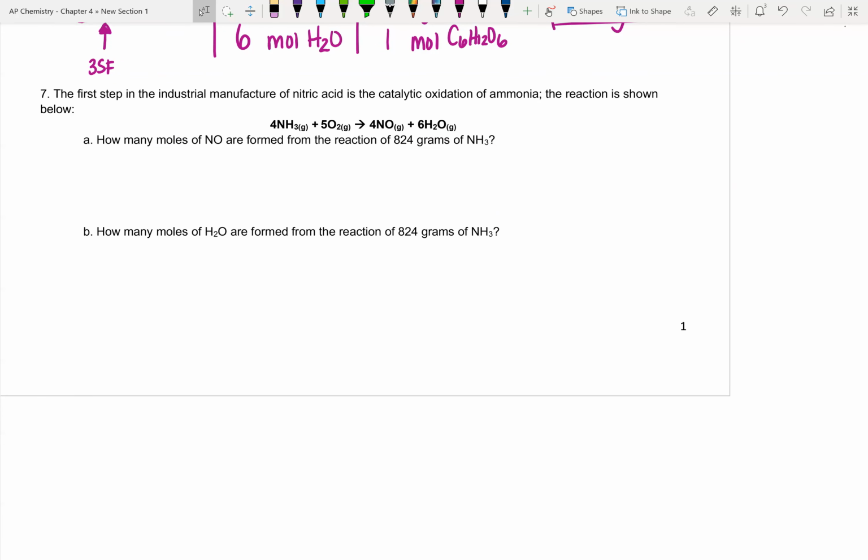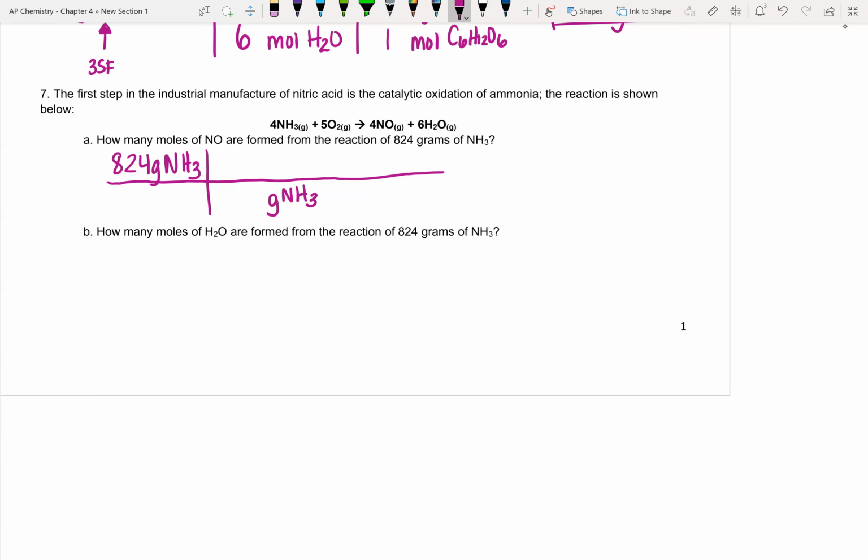Looking at the last problem, how many moles of nitrogen monoxide are formed from the reaction of 824 grams of ammonia? I'm starting with 824 grams of ammonia, which is NH3. This is going to be a mass mole question. Drag my grams to the denominator so that they cancel.